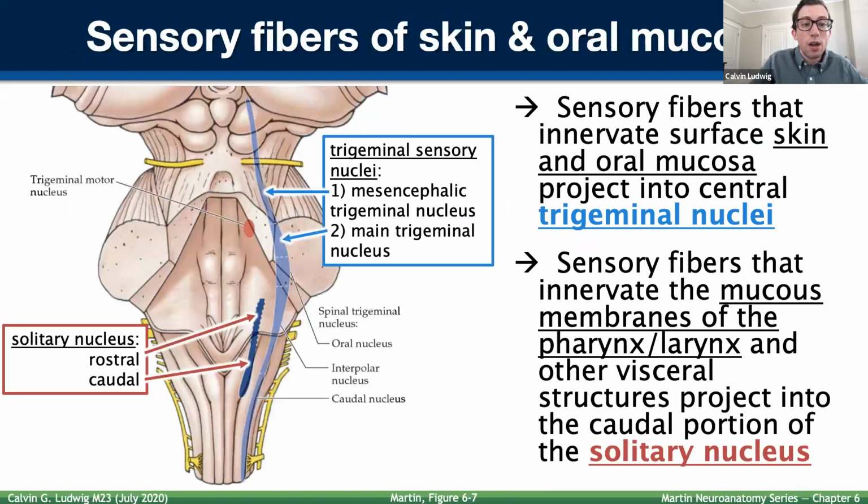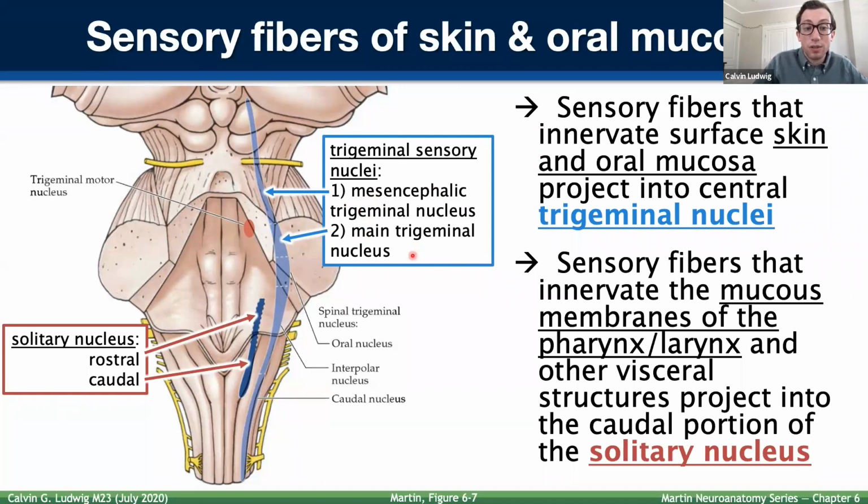Now, I want to talk about sensory fibers of the skin and oral mucosa, particularly. So sensory fibers that innervate surface skin and oral mucosa project into central trigeminal nuclei. There are two of them here, boxed in blue, the mesencephalic trigeminal nucleus and the main trigeminal nucleus.